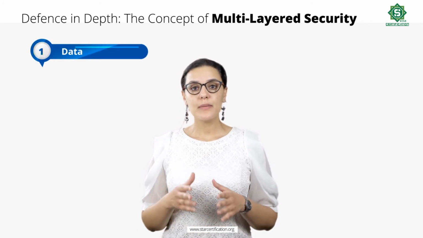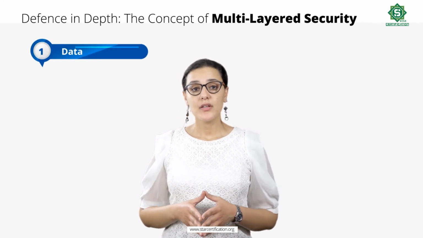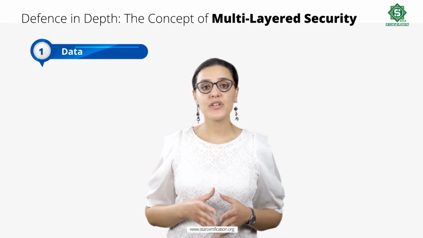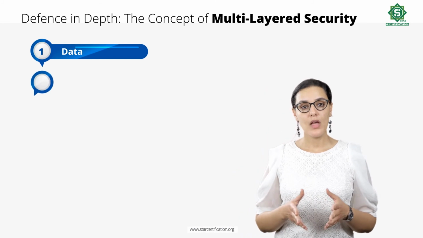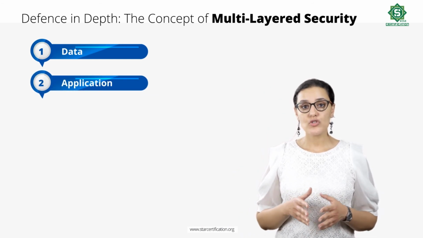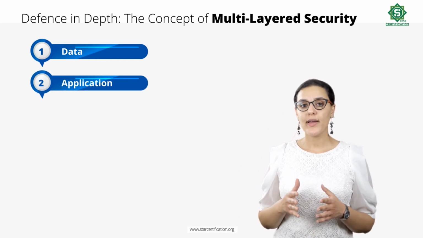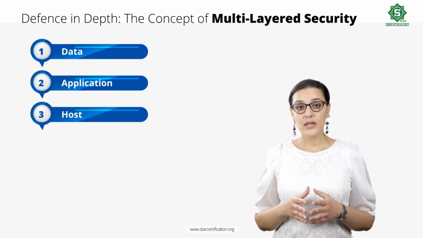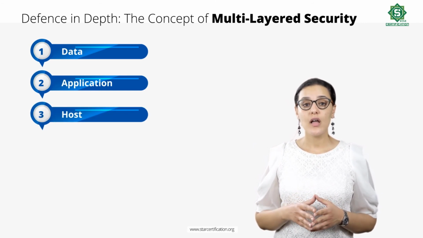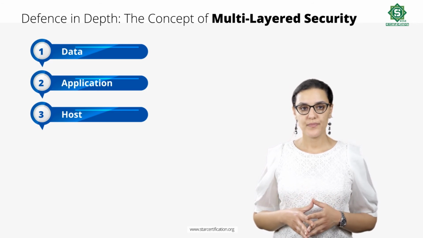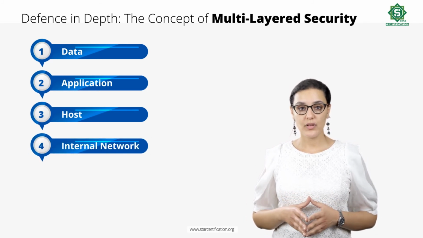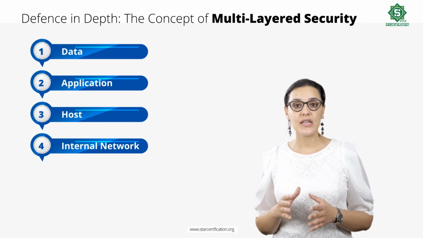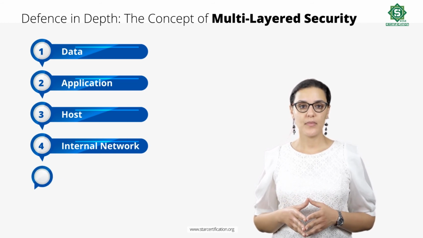Data. It is the main target of an attacker. This includes databases, files, and Active Directory service information. Application. It is the software which can be used to manipulate or destroy data. Host. It is the computer that stores the data and uses the applications. Internal network. It is the network that operates, stores, and shares data within the organization.